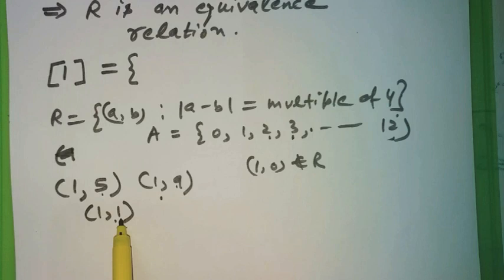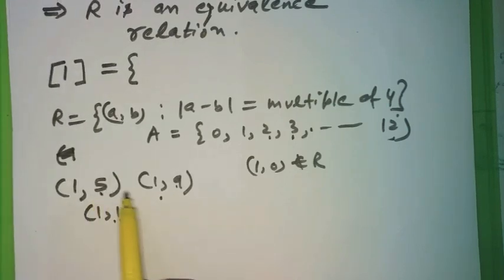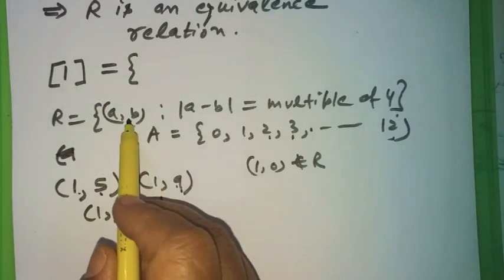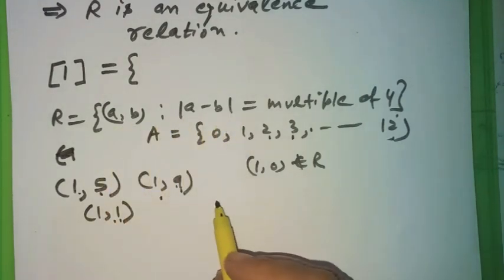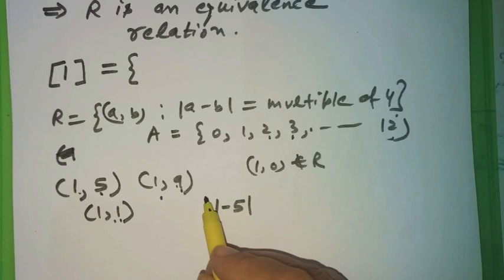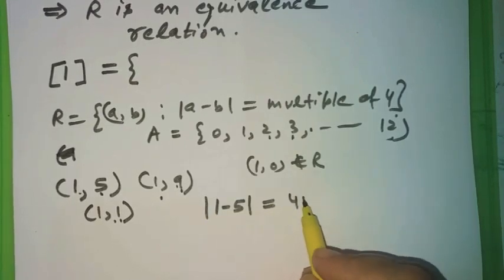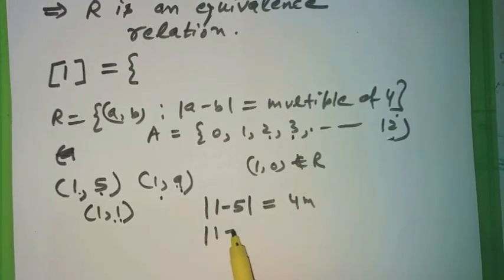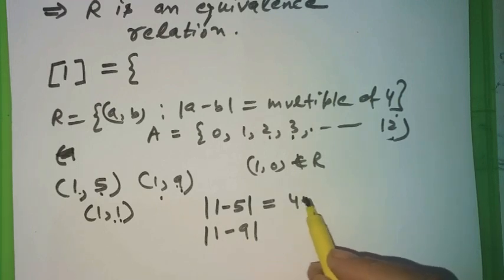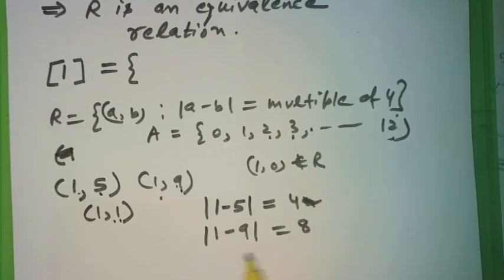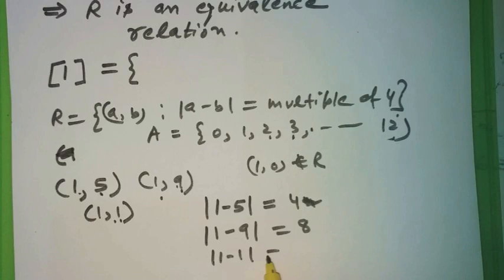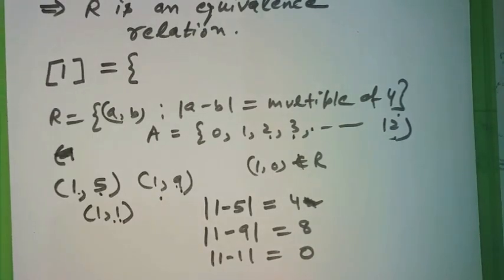So these are the only elements with which 1 is related. So 1 is related with itself, 1 is related with 5, 1 is related with 9. Why? Because they satisfy this condition, that is the mod of 1 minus 5 is a multiple of 4, mod of 1 minus 9 is the second multiple of 4, mod of 1 with 1 is 0, which is also a multiple of 4.